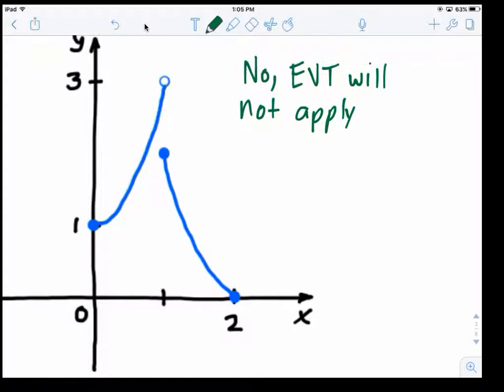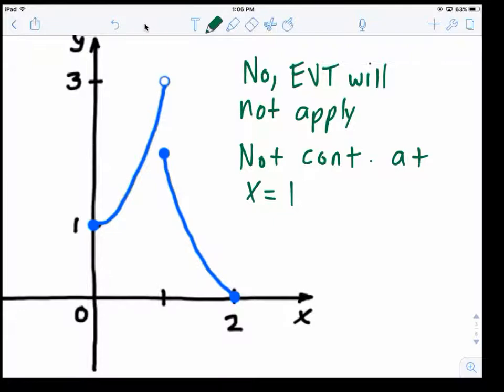So it's not continuous at what? Not continuous at x equals 1. So that means that I might not have a max, I might not have a min, but we can still try and figure that out. So do you have a maximum value?